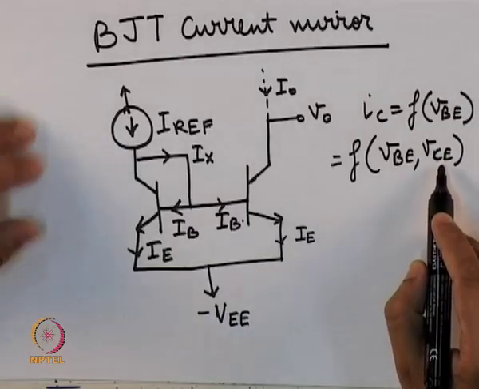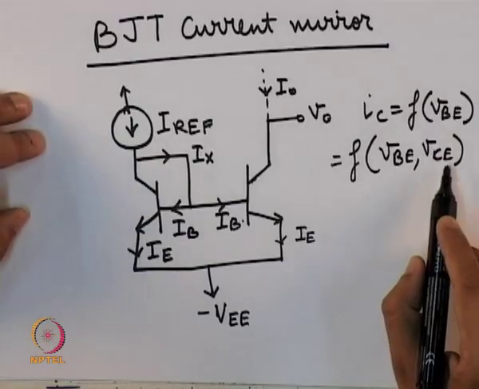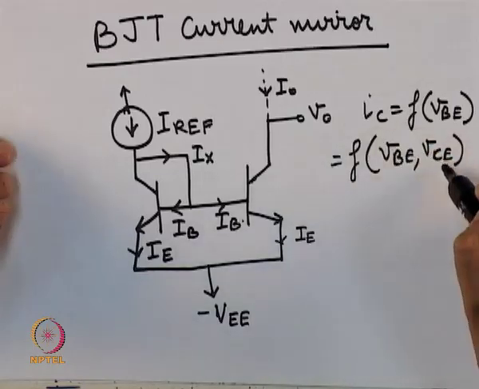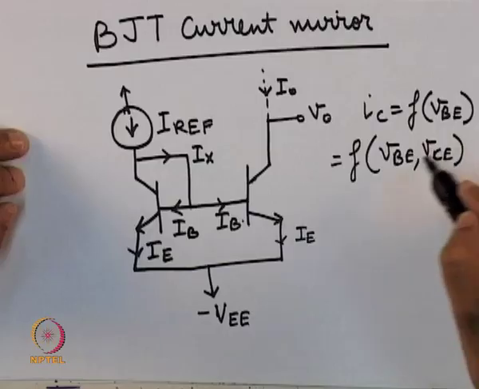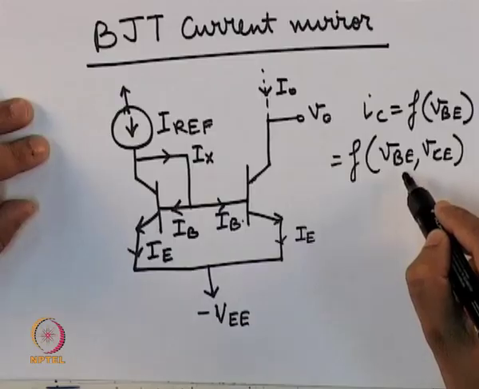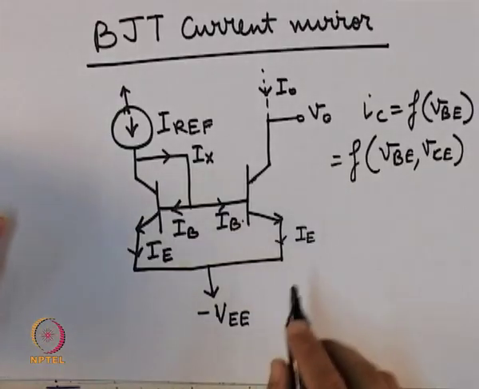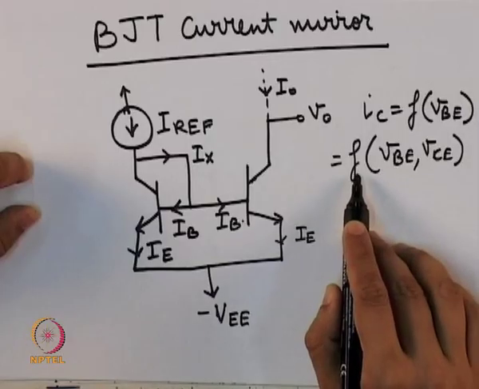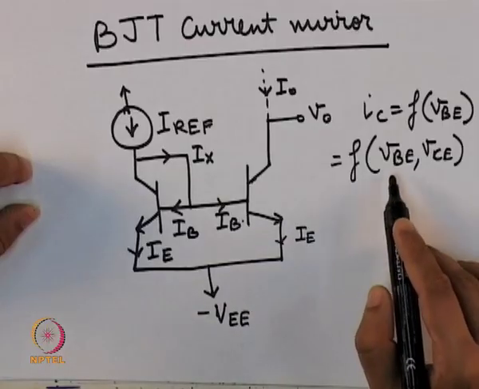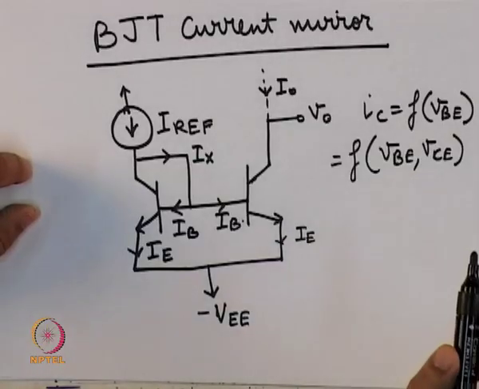However, this dependence is very tenuous. Variation in VCE does not change IC to the extent that changes in VBE do, and we shall be assuming that IC or any of the other currents of a BJT are only functions of VBE.